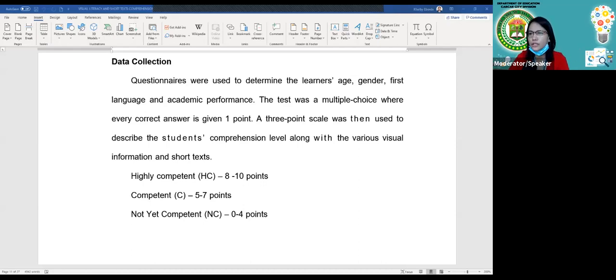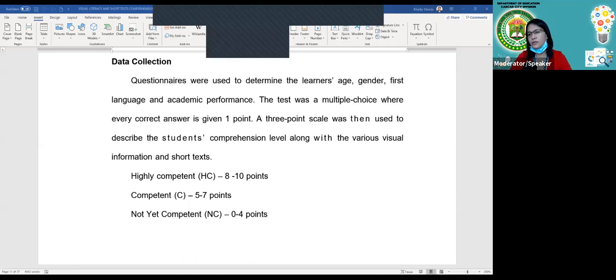Okay, so questionnaires were used to determine the learner's age, gender, first language, and academic performance. Then the test was a multiple choice. So here I described what kind of instrument I used. It was a questionnaire, a multiple choice questionnaire. And then how much each question is equivalent to, or what its equivalent point is, and so on.